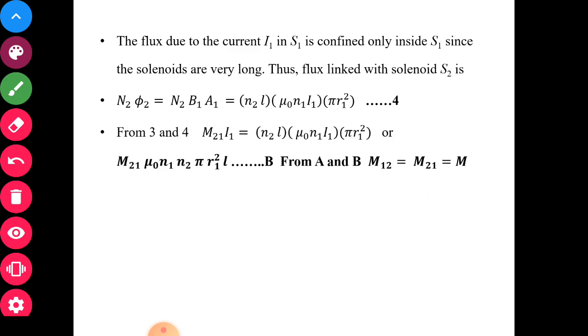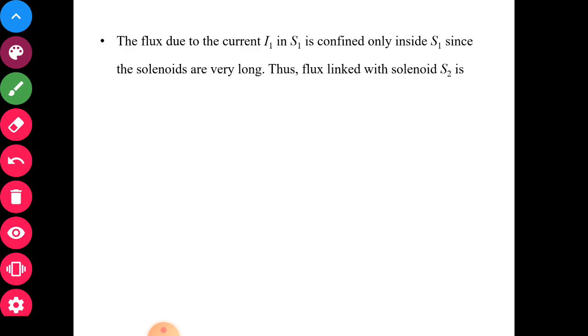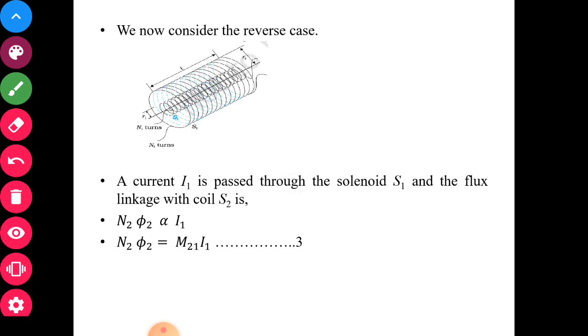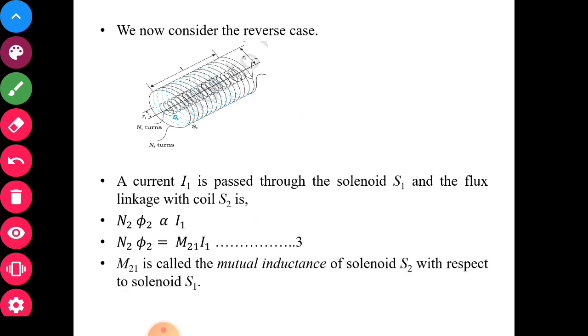Now we can compare equations number 3 and 4. Equation 4 we have just derived. Equation 3 is N2 phi 2 is equal to M21 I1, that we have written earlier. So this third equation is compared with the fourth equation.